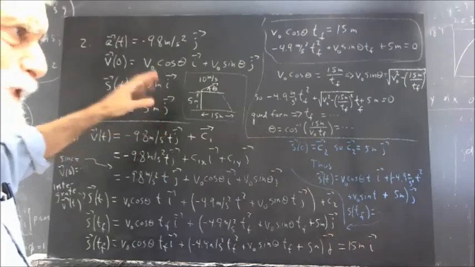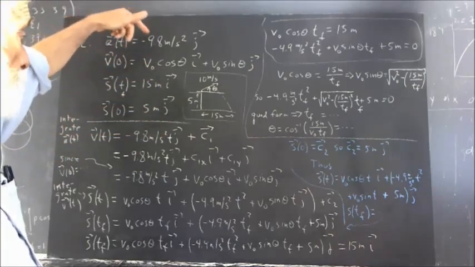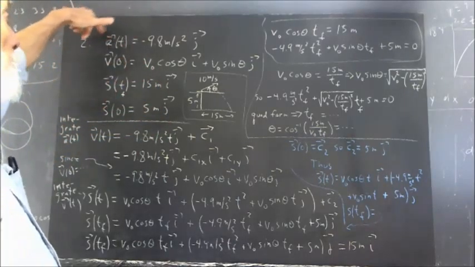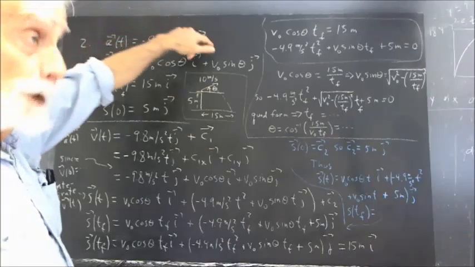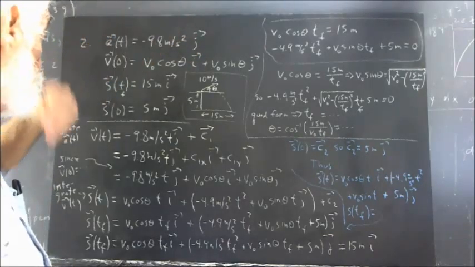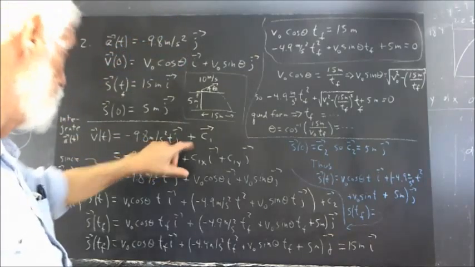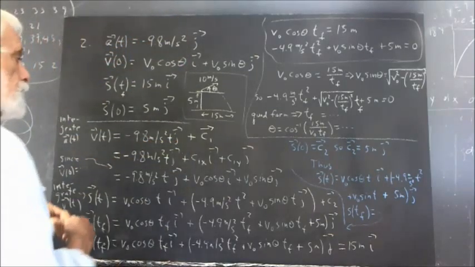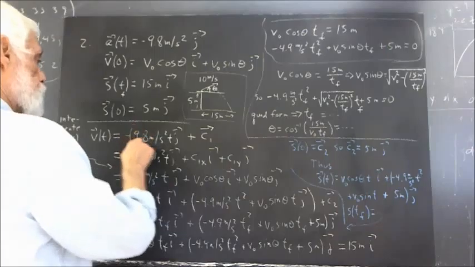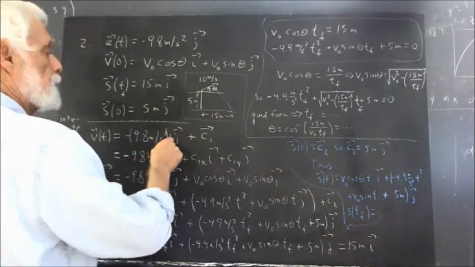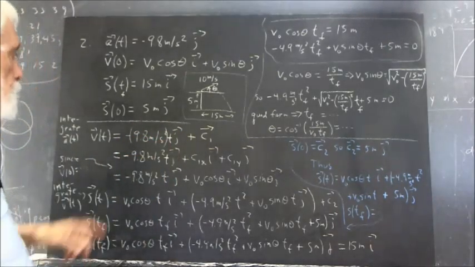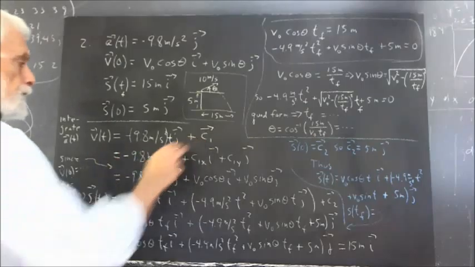I've been doing way too much of that stuff, as everybody knows. Okay. So we integrate this, just a constant times j. Well, the result is going to be that constant times t times j. So negative 9.8 meters per second squared times t times j plus an integration constant c1.